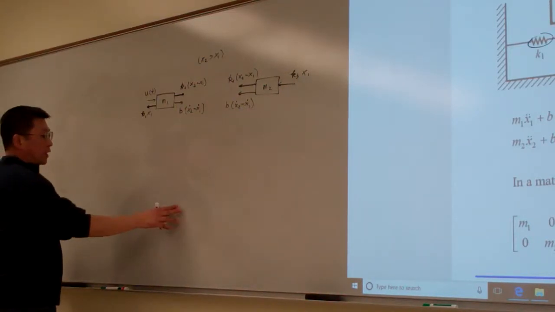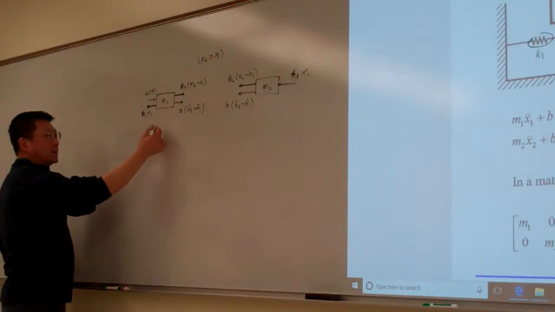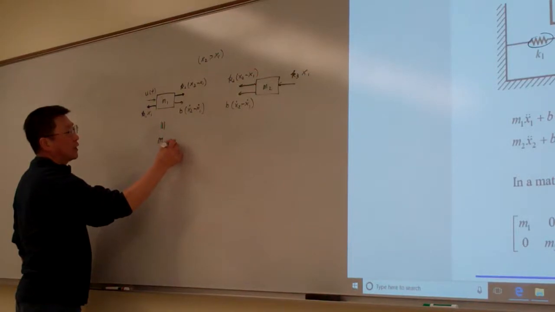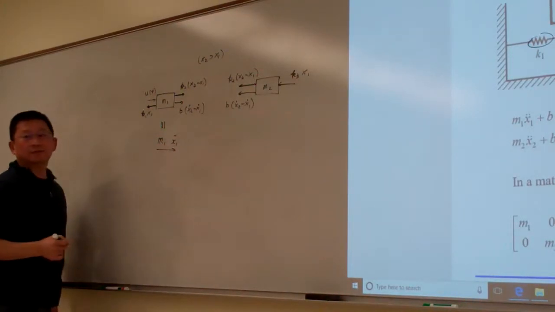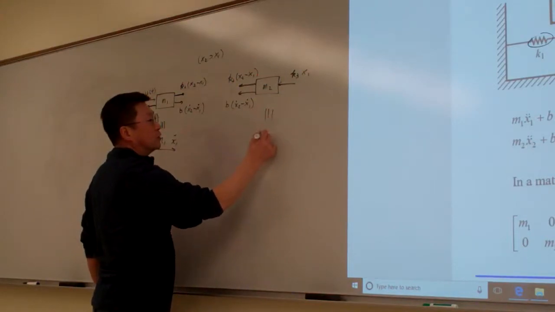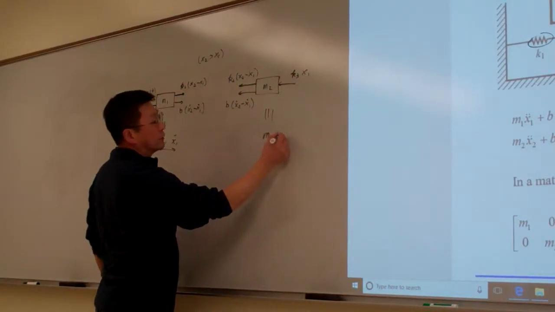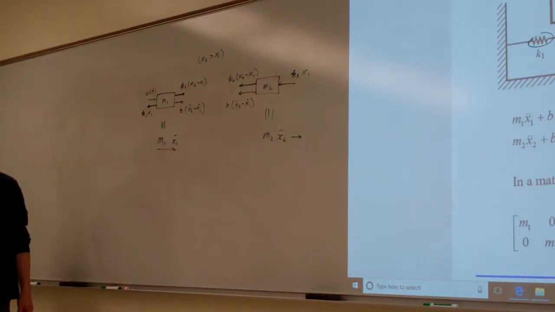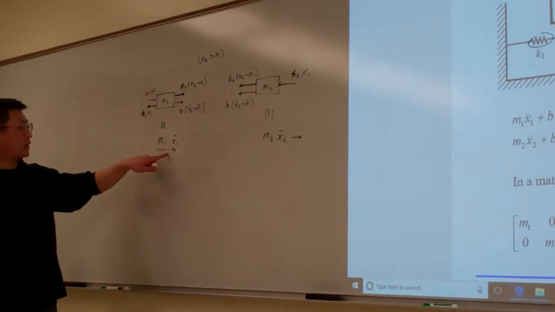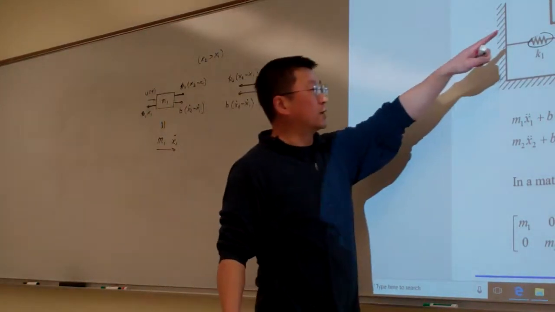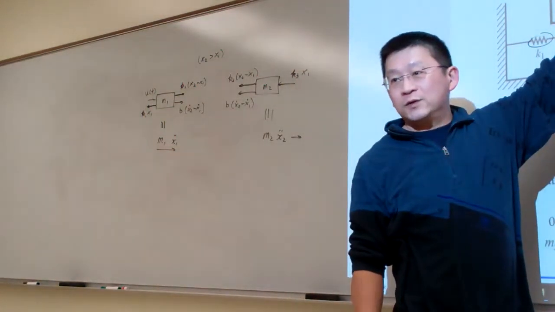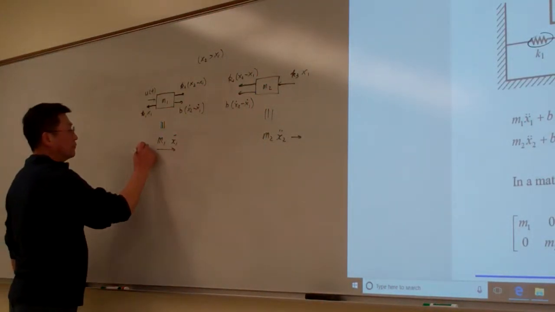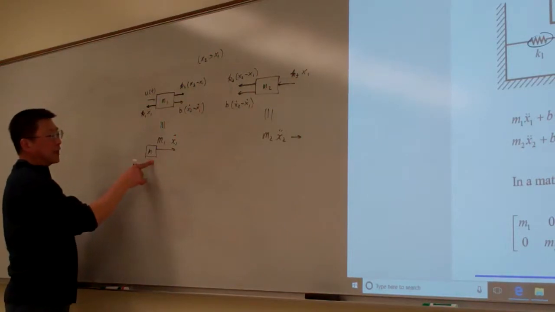Okay, so now by using Newton's law, this one is equal to m1 times x1 double dot in that direction, and this one will be equal to m2 times x2 double dot in that direction. Why in this direction? Because that direction is aligned to the direction we placed from here. Okay, so that's the inertial force.